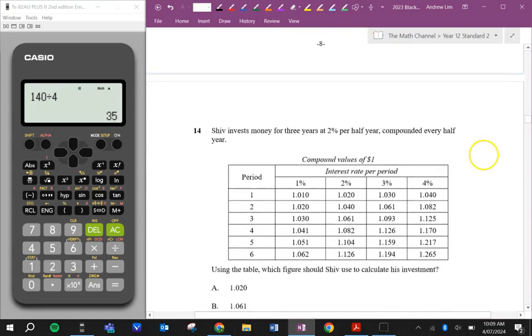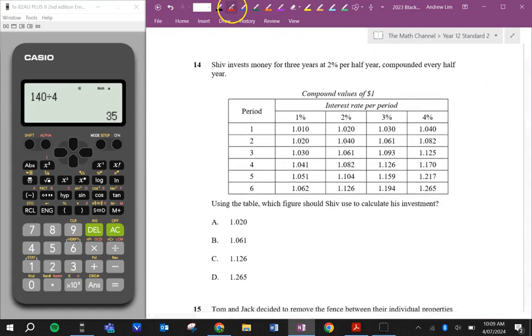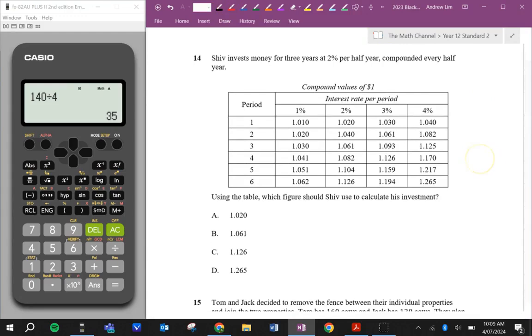Okay. 14. Shiv invests money for 3 years at 2% per half year compounded every half year. Using the table, which figure should Shiv use to calculate his investment? So 2% per half year.